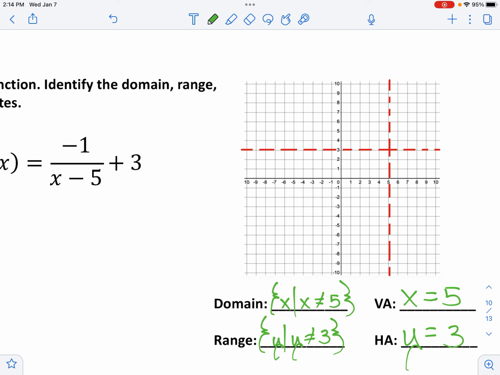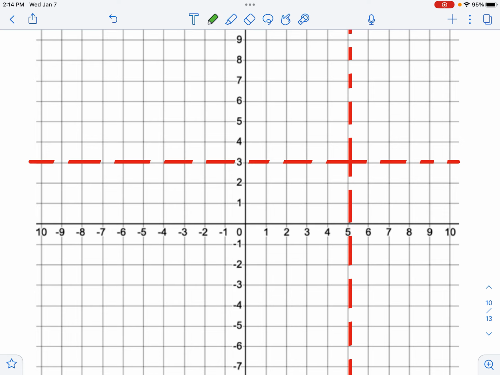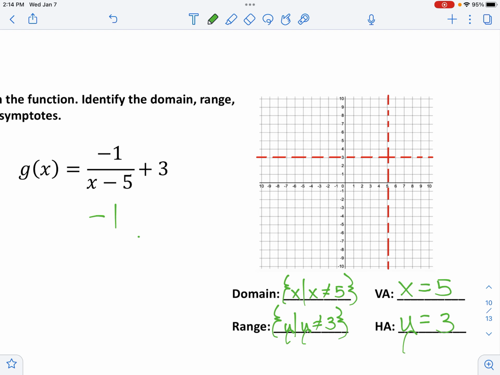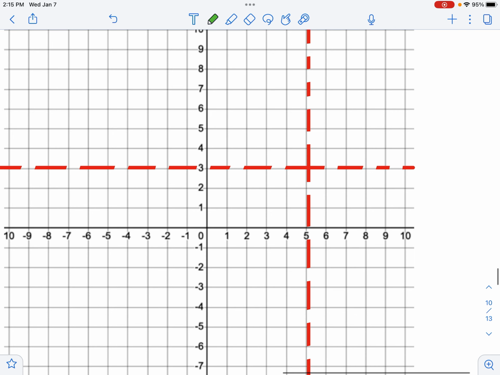If I go 1, 5, I have a line here at 5, so I don't want that. I want to see where I'm at 4. If I put 4 in for x, I would have -1 over 4 minus 5, which is -1. So that would give me 1 plus 3, which is 4. So really that's going to end up here. And then the other one would be here.